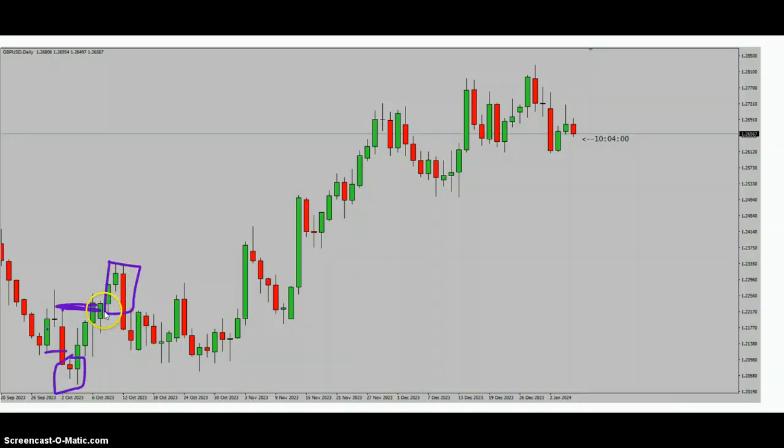But this candle was strong enough to break the low of this candle with its body, and so the micro trend is down. Here, this bullish candle failed to close above the high of this last bearish candle, so the micro trend is down until you go here. This candle closed above the high of this last bearish candle, and so the micro trend is up. Now you would realize that there's a consolidation phase.